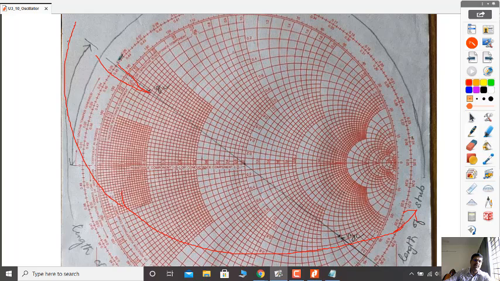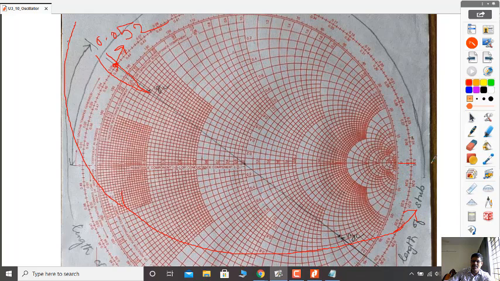The extension of the YL equals 0.052. This point is 0.052.